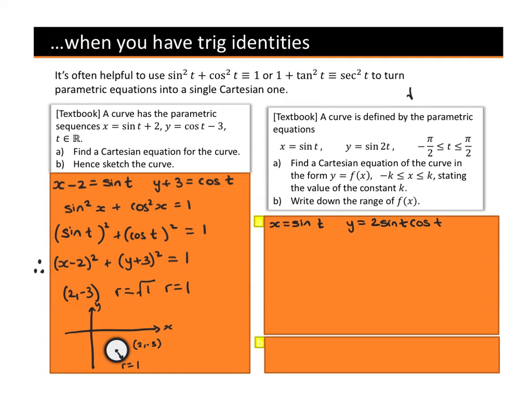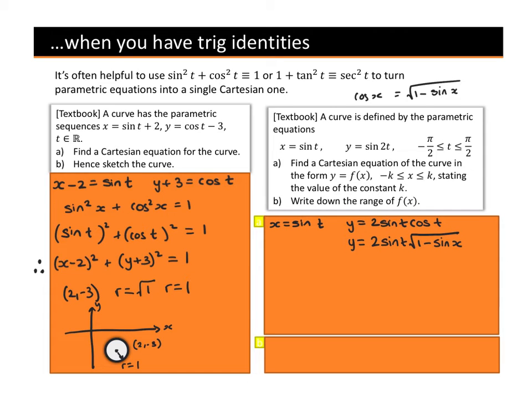So we know the square root of 1 minus sine squared x equals cos of x, doesn't it? Yeah, we know that if I rearrange it. That's what we're going to rearrange. So we're actually going to get y equals 2 sine t root 1 minus sine squared t.